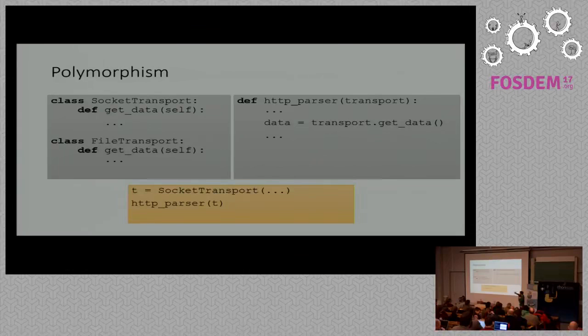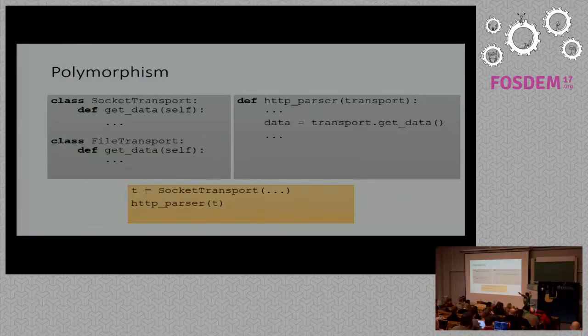So in the yellow box, we see how we can use it. We create a socket transport, we pass it to the HTTP parser, and the HTTP parser uses that. Actually, the HTTP parser in this case is the high-level abstraction, the high-level abstraction that does not care about the underlying details, like the I/O transport.